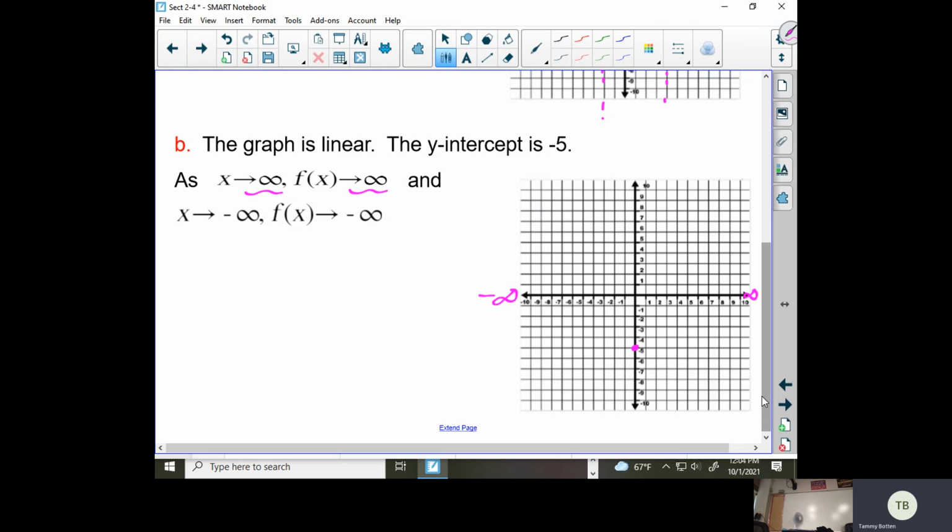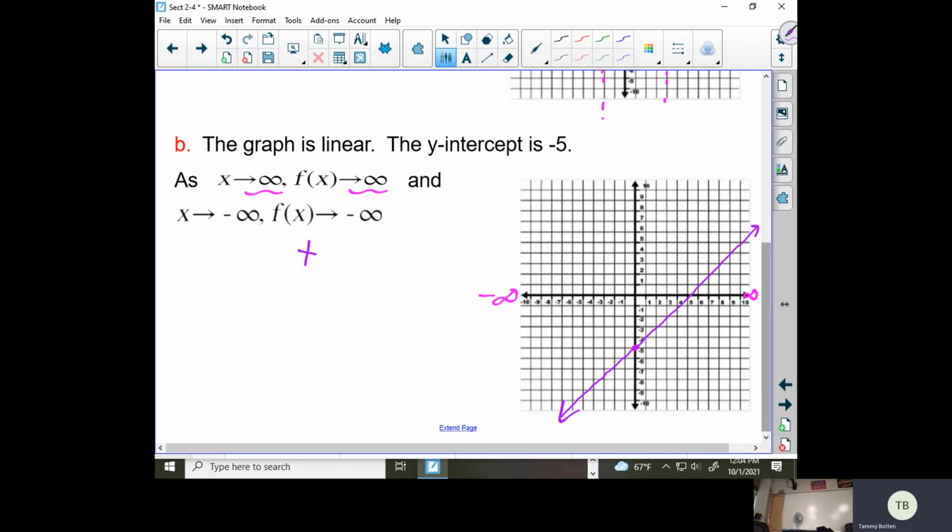Now, one thing they do not do in this problem is give us a second point. They only give us one. So what that means is when you go to draw your line, you can draw it at any slope, okay? The only thing we have to do is draw it going up on the positive side, and then it's going down here, okay?